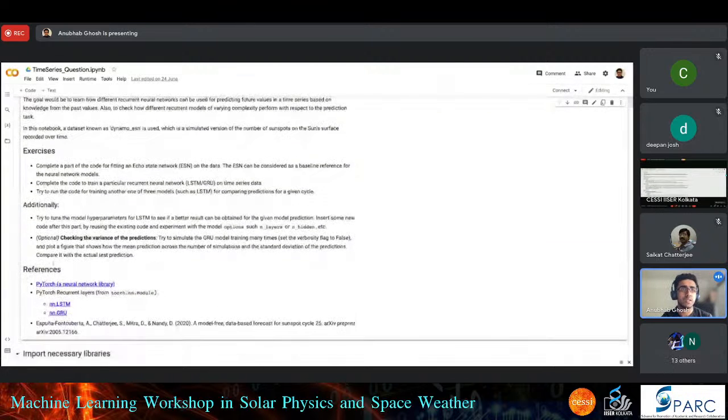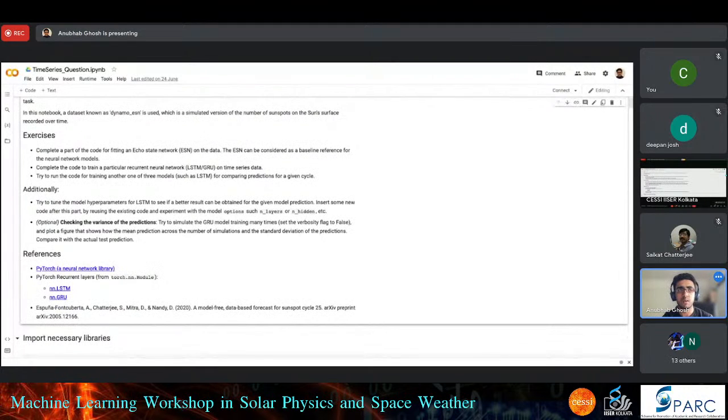This tutorial is based on the neural network library called PyTorch. Hopefully there has been some familiarity with this in the previous tutorial. We mainly use libraries from PyTorch, and the libraries for LSTM and GRU are taken from them.